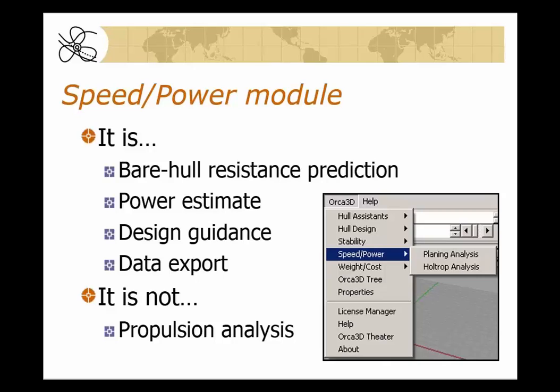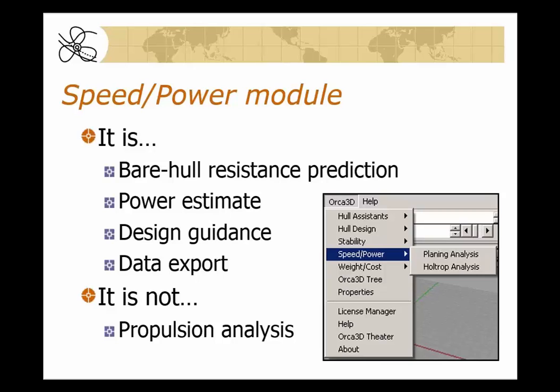The design guidance side, again, focuses back on the bare hull resistance prediction, where the intent is to provide suggestions and the sensitivity of changes into principal hull parameters.